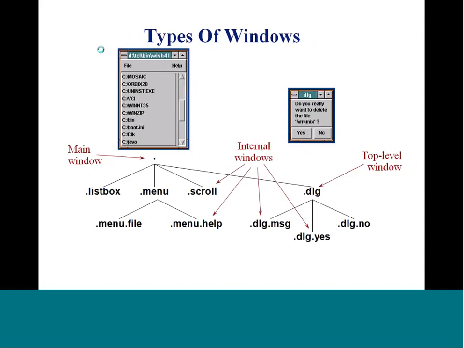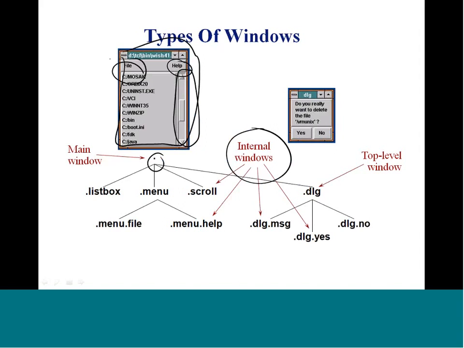Now let's see how it works. There are three types of windows, as you can see here. One is the main window, which is this whole thing in red. You can have an internal window, which is scroll, it has its own window, and the menu help has its own window when you click and open, and then file will have its own window.